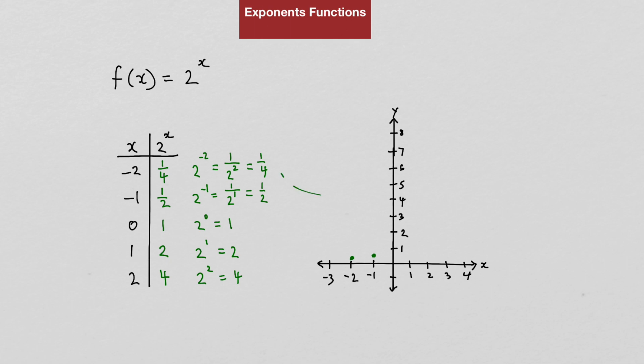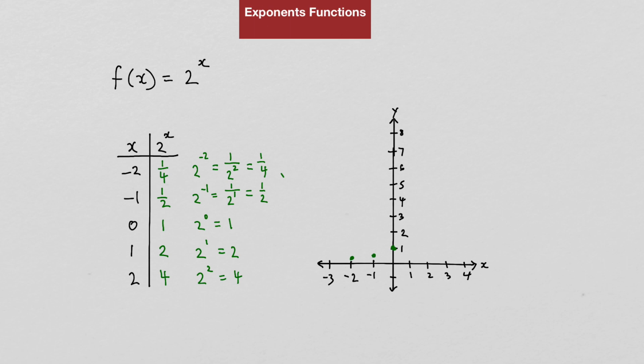And then the next point will be 0, 1, and this is our y-intercept. Okay, y-intercept because this is where the graph intersects the y-axis at 0, 1. So 0, 1 would be right there. So we're going to go ahead and plot a point there.